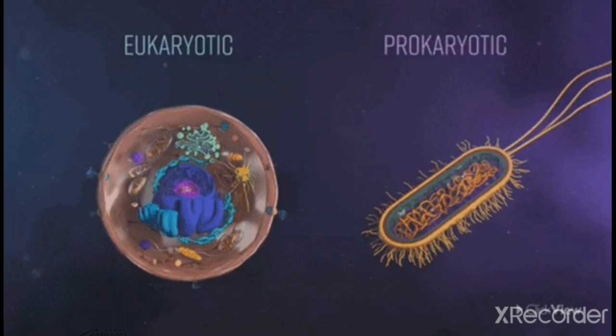These are the only two things which a prokaryotic cell will have. The prokaryotic cell is also very small in size, just 1 to 10 micrometer. So that is a main difference. An example of a prokaryotic cell is bacteria. So there is a lot of difference between the eukaryotic cell and the prokaryotic cell.